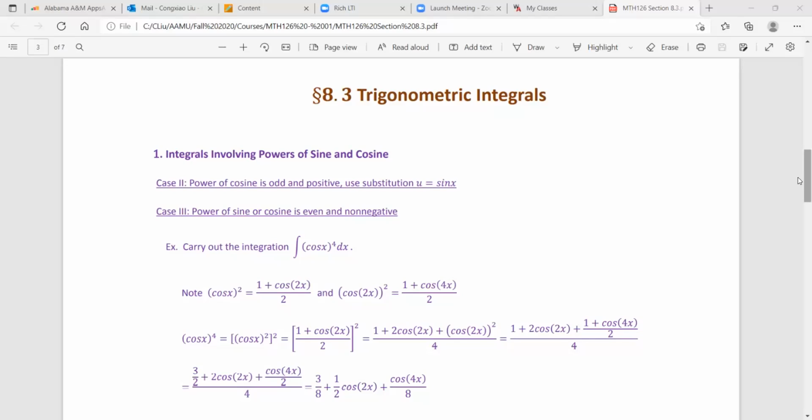And then we discuss integrals involving tangent and secant functions. And in each category, we have several cases.